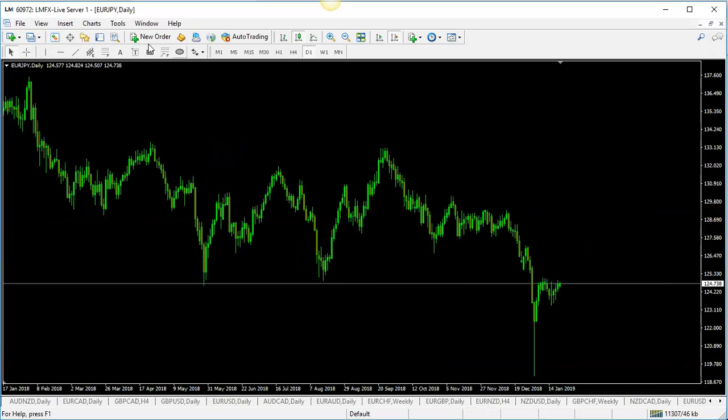Now our trend lines. What's the rule on trend lines, guys? What's the rule on trend lines? We're almost done. What's the rule on trend lines? Lucy says wick to wick.